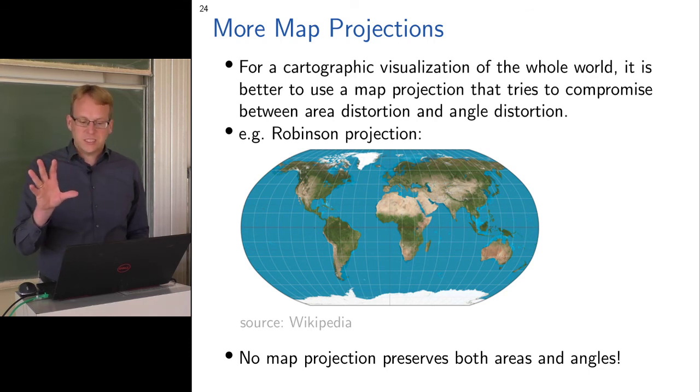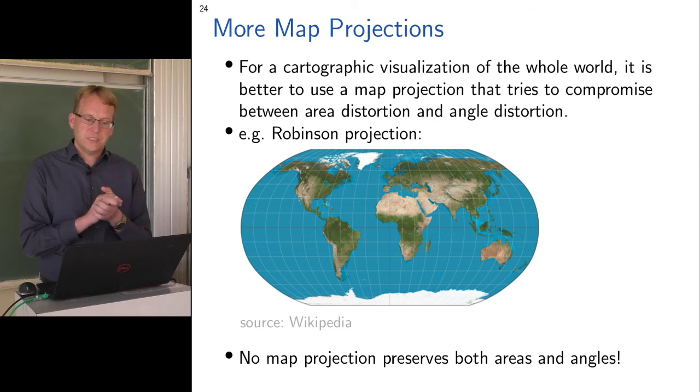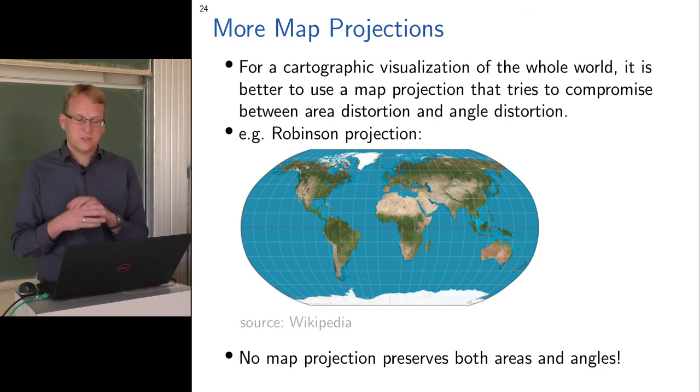This Robinson projection tries to find a good compromise between area distortion and angle distortion, right? But there's no map projection that would preserve both. So somehow we need to accept some kind of distortion after all.